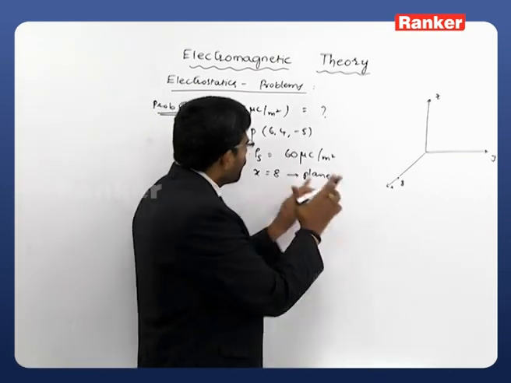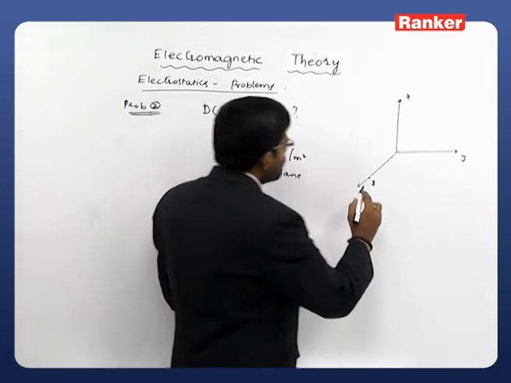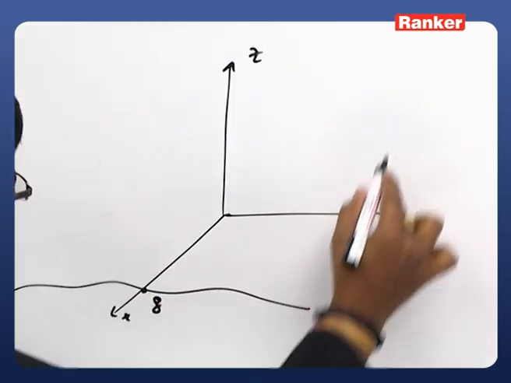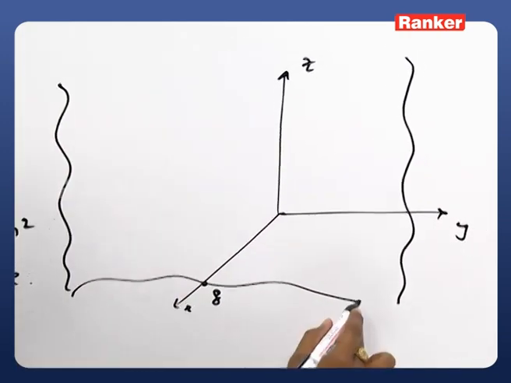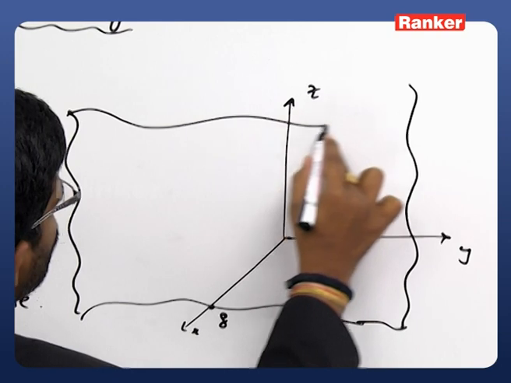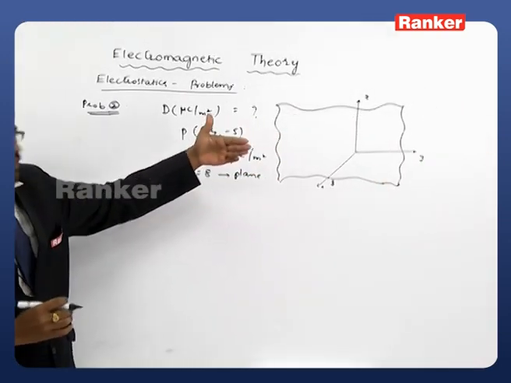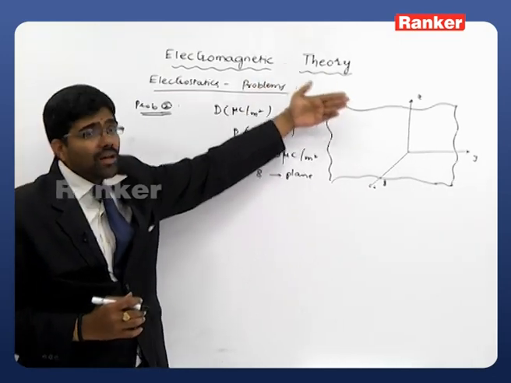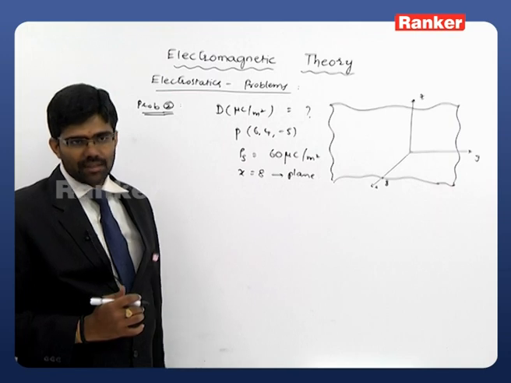So here a plane with uniform charge density rho s was placed maybe like this. So this is the sheet we considered. That sheet was placed in parallel with the yz plane exactly at x equals 8.